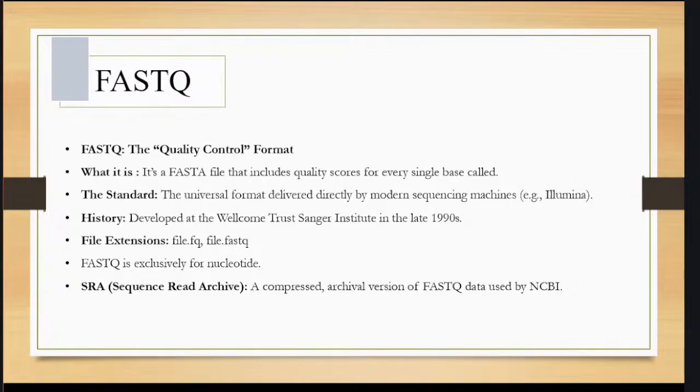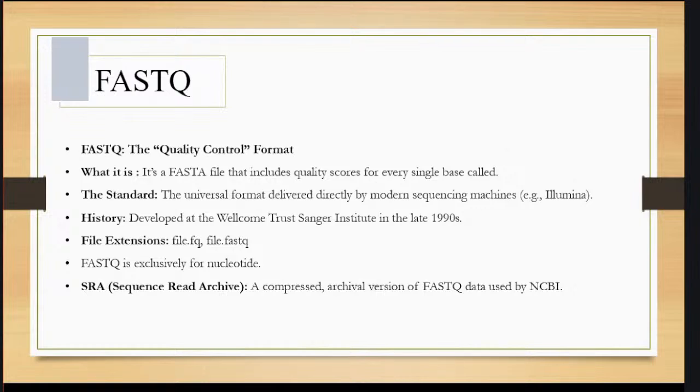Next, FASTQ is exclusively for nucleotides. It's not for protein. It's only for nucleotide. And one more piece of information is that FASTQ is a very bulky file. It cannot be moved on the internet as .fq or .fastq because it's very bulky.